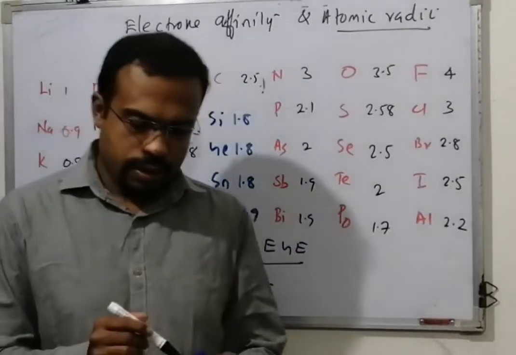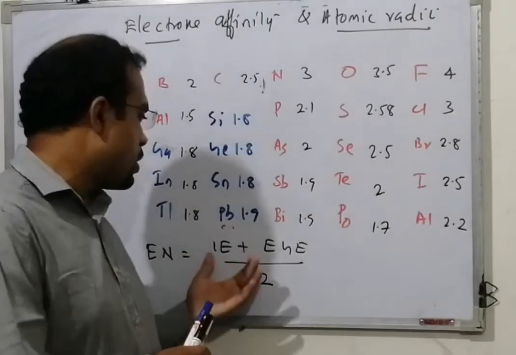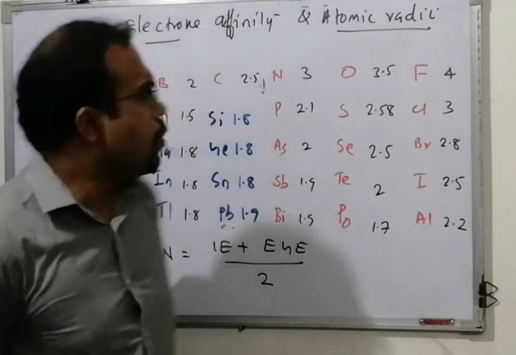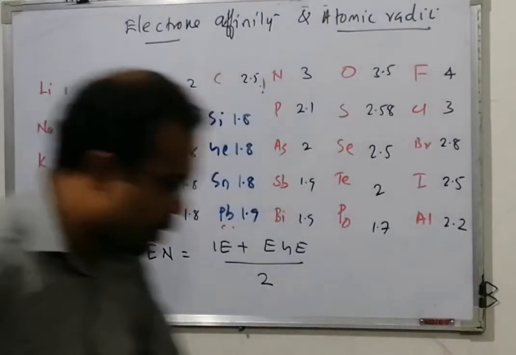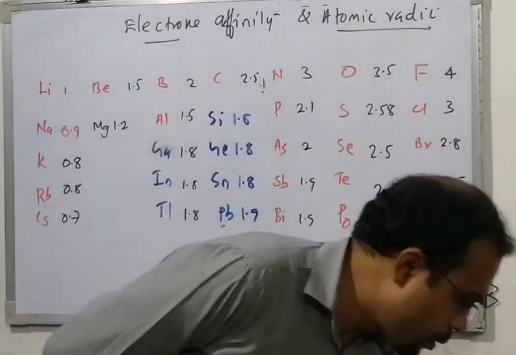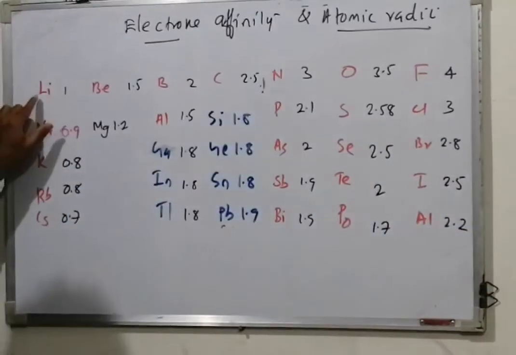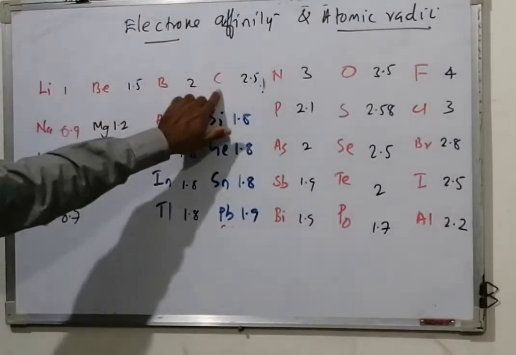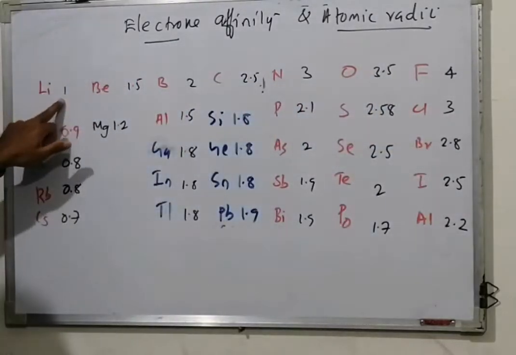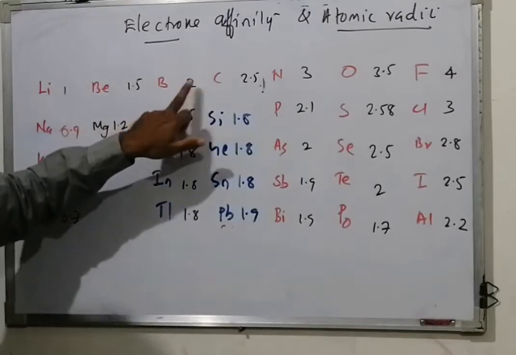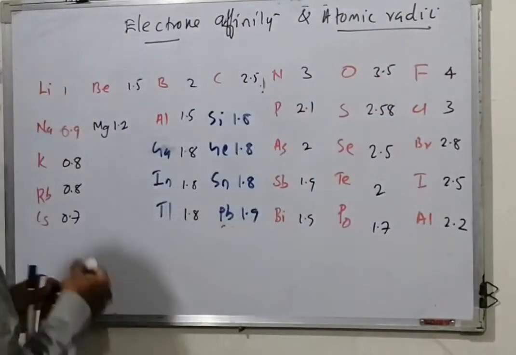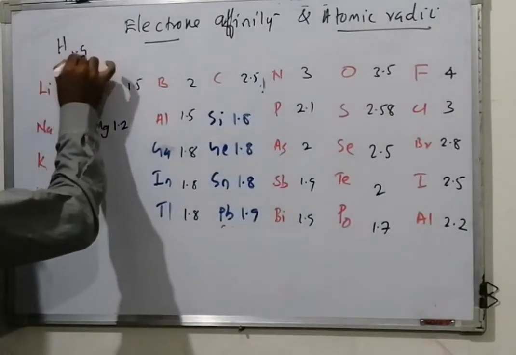Now, I have listed the electronegativity of certain elements here. Please note, in the first period: lithium, beryllium, boron, carbon, nitrogen, oxygen, fluorine: 1, 1.5, 2, 2.5, 3, 3.5, 4. Here hydrogen is almost 1.9.